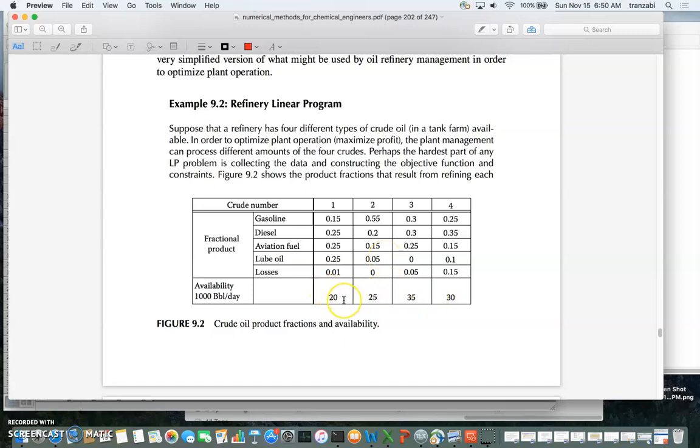Availability down here tells, I think this is the maximum that the factory can generate. So it can generate 20,000 barrels a day of product 1, 25,000 barrels a day for product 2, and so forth.